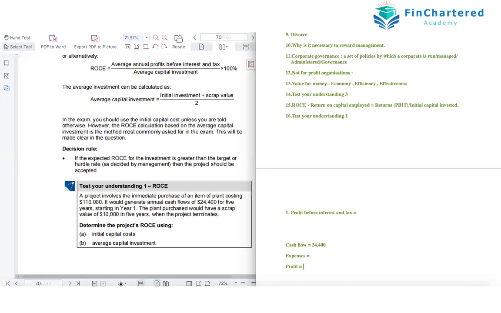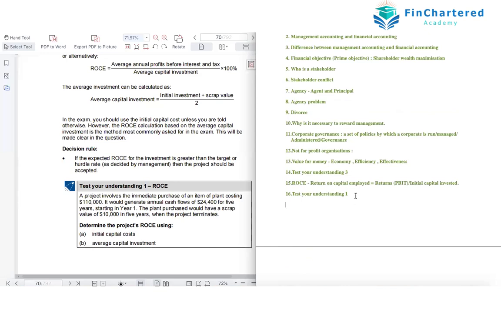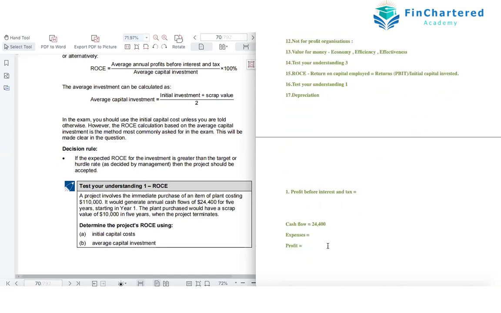But you don't know what the expenses are, so you don't know what the profit is. Yes, Nitesh, that's absolutely right. You don't know the expenses, so you don't know the profit. And that's why in the demo, I had explained in brief what is depreciation. And I gave this example exactly, I remember.